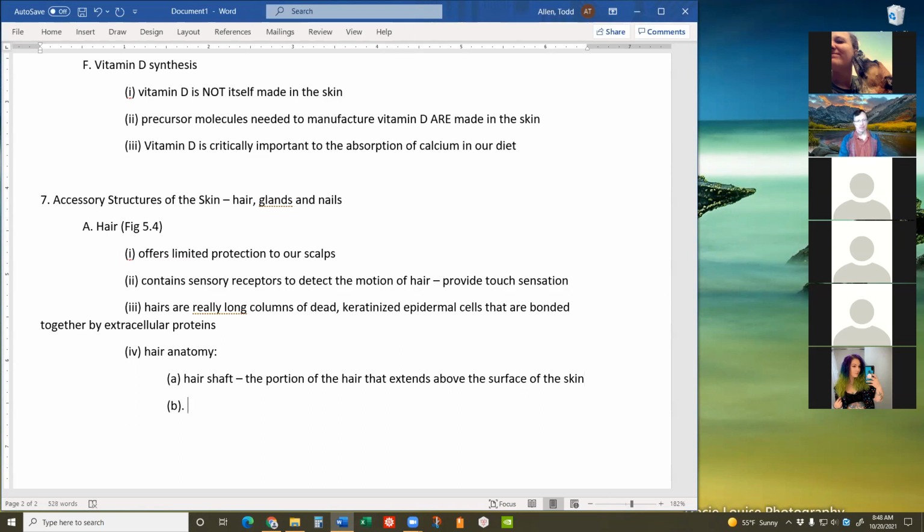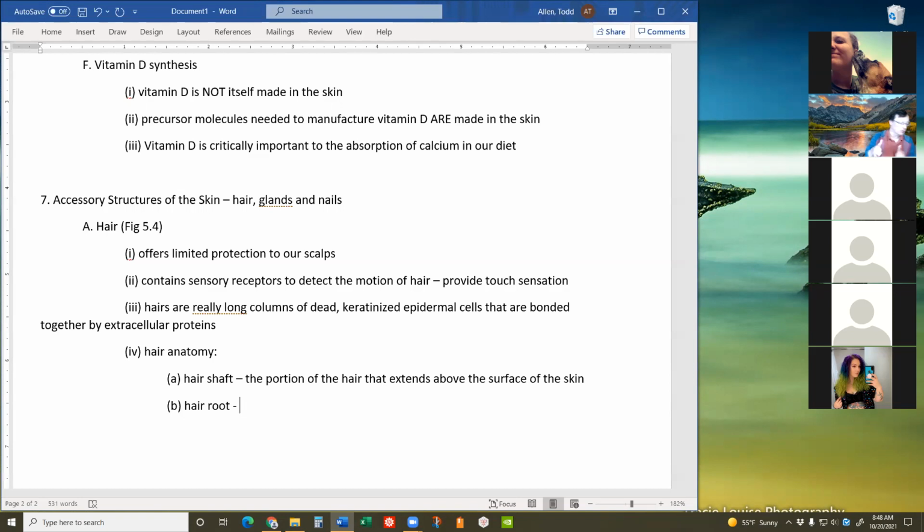The portion of the hair that sits below the surface of the skin, well, that's going to be the hair root. You can see hair root there in panel A. If you look at panel A, you can see not only hair shaft, but the portion of the hair underneath the surface, which is the hair root.